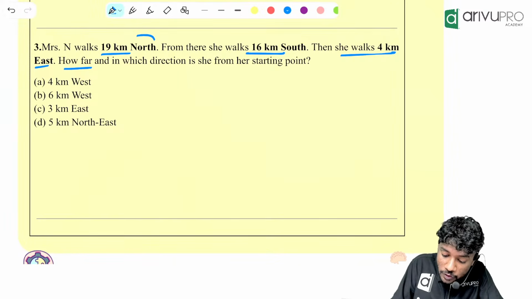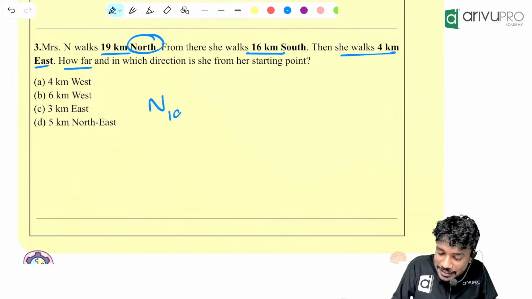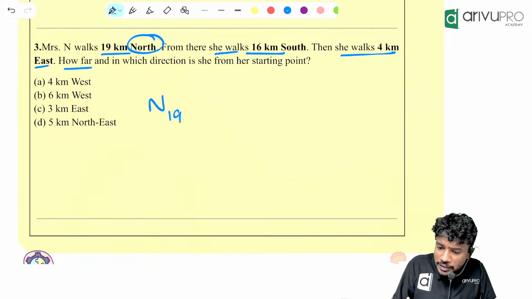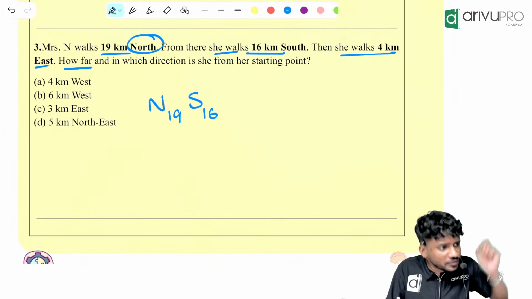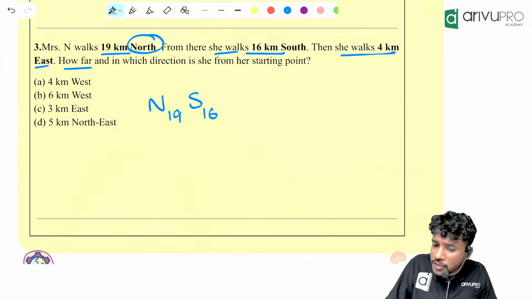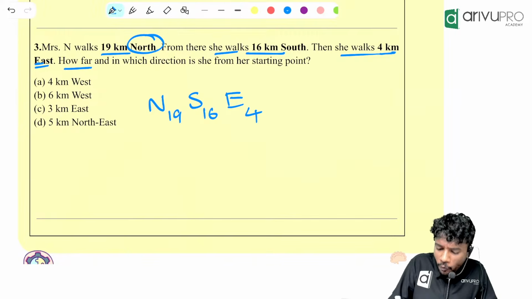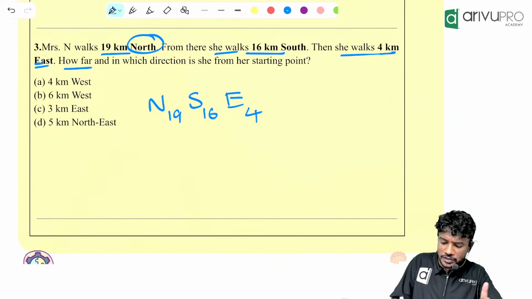So in the north direction, how many kilometers is the person walking? 19 kilometers. From there she walks 16 kilometers south. And how many kilometers? 16 kilometers. Then she walks 4 kilometers in the east direction.